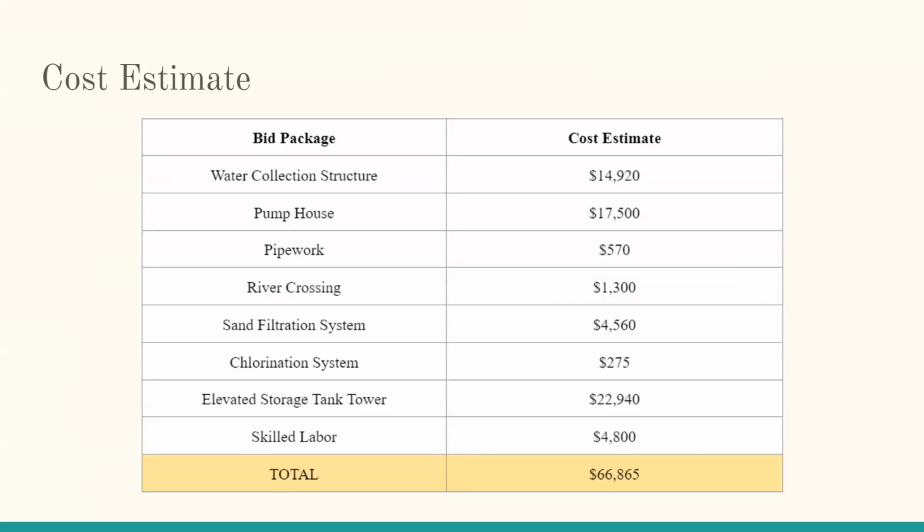Ultimately, our final estimated price came out at about $66,865, which does exceed our $40,000 budget, but we are confident in our design that we did the minimum. We provided the most simplistic design while providing a design that is safe and effective for what the community needs.